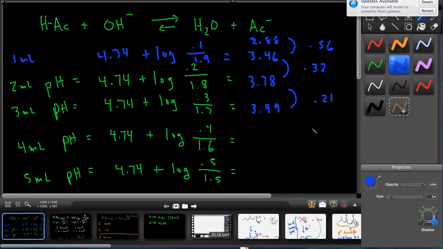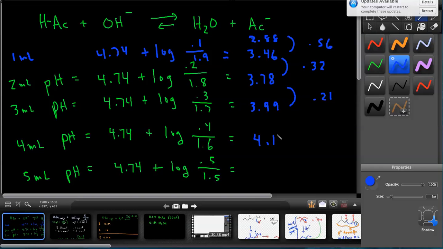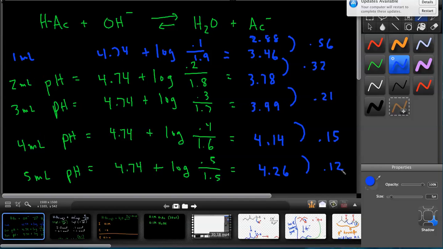And for the 4 milliliters, it's 4.74 plus the log of 0.4 divided by 1.6. That is 4.14. Notice that changes by 0.15. And then when we do the log of 0.5 divided by 1.5, 4.26, a change of 0.12.